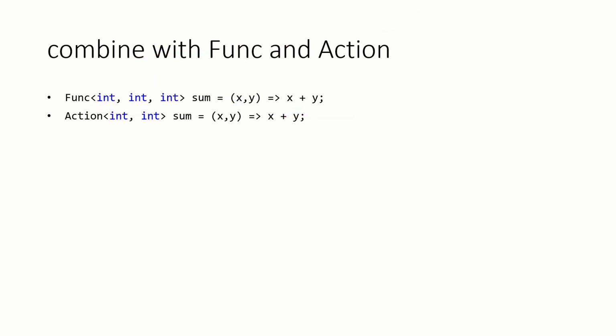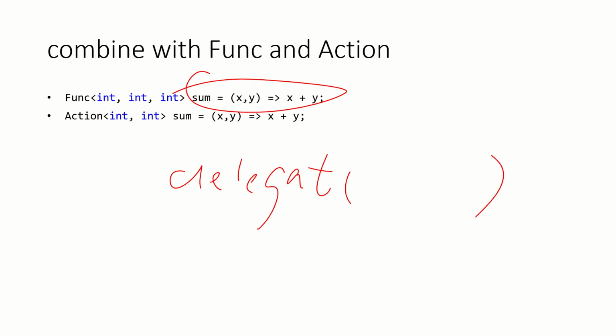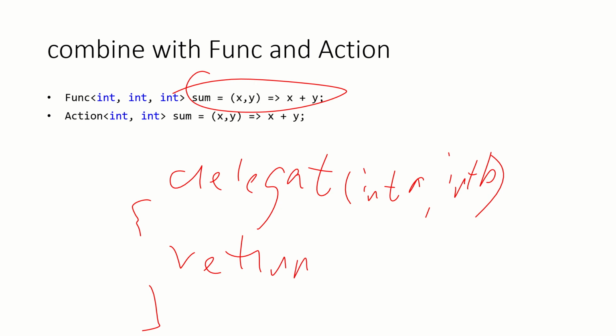It's much simpler, right? If you want to write this one, some people use the delegate keyword, delegate int a, int b, and write like a method, you need a return x plus y, right?